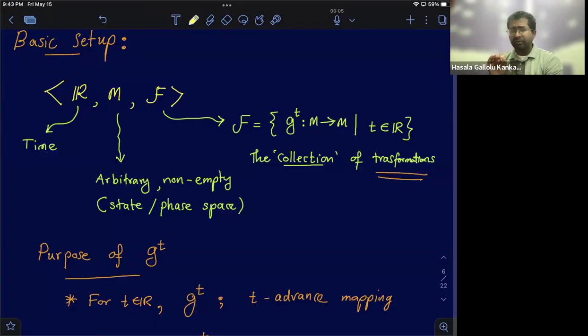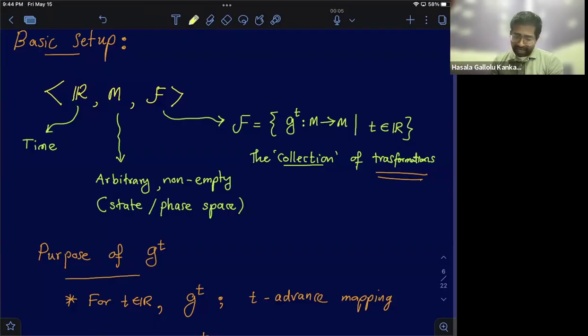Without going further into the details of the structure of R and how we can generalize it in terms of a time set, or how we can have different time sets included in that, let's assume that our time set is going to be R in this case, and I'm going to try to relax it later.